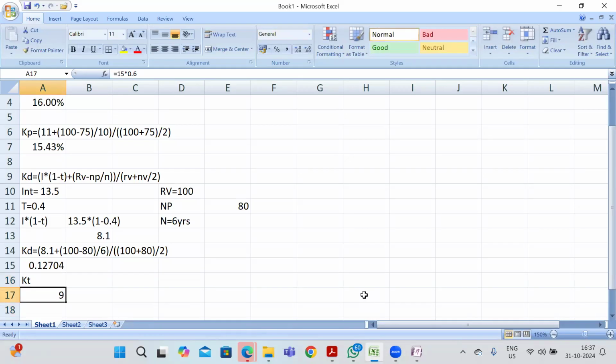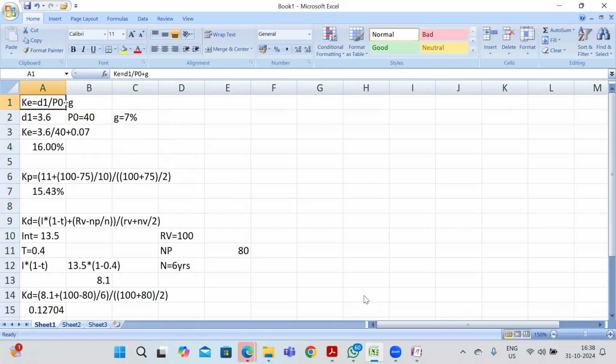Now I want to substitute all the values to calculate WACC, that is weighted average cost of capital. So it is very easy. So we need to calculate WACC using book values. So I want to consider all the book values.